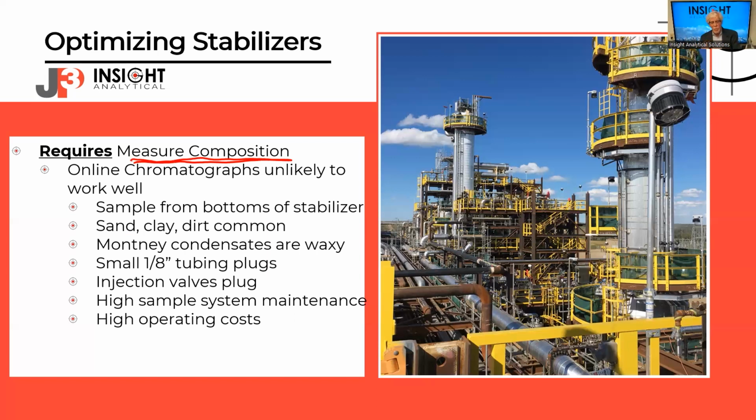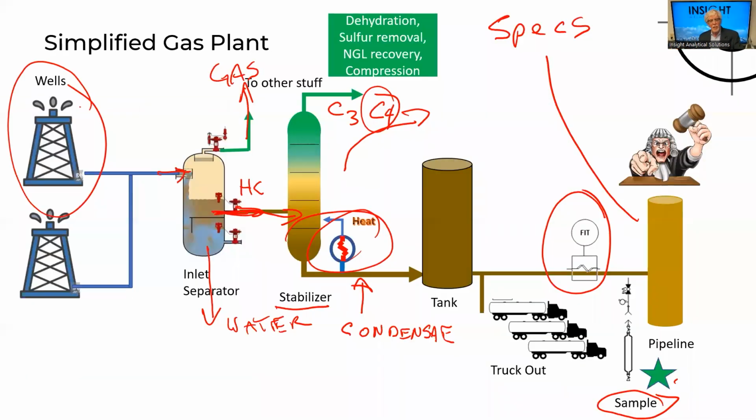So the problem is when we get to gas plants and we're at the bottom of that condensate stabilizer, if you think back to that slide I had, let's go back and look at that for a second. The stuff that comes into the condensate stabilizer comes off from near the bottom of that inlet separator.